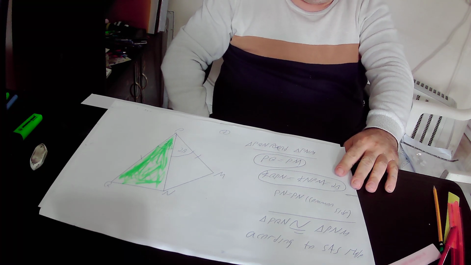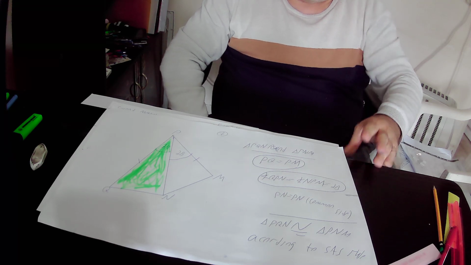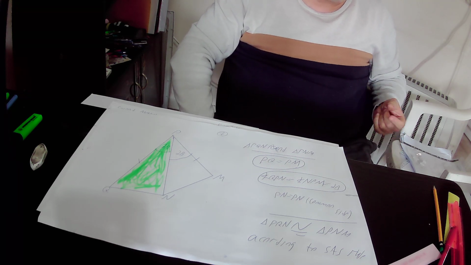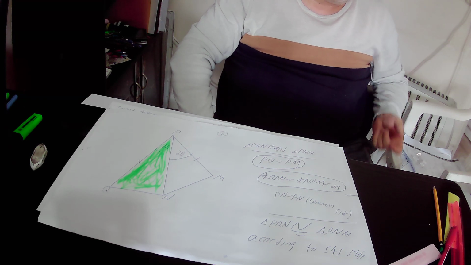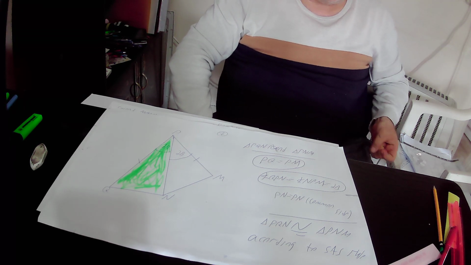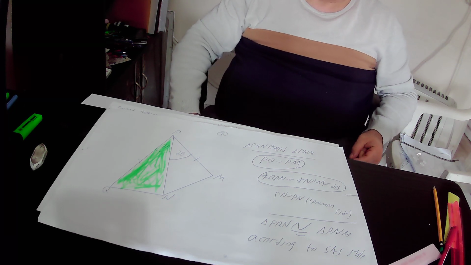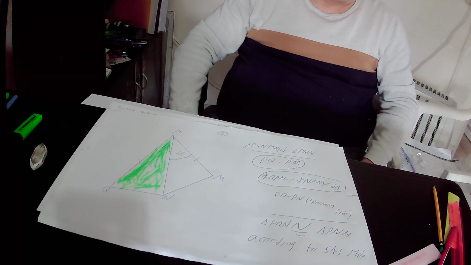So what is the side angle side rule? The side angle side rule is that if you prove two sides and the angle between them in one triangle congruent to two sides and the angle between them in another triangle, then you actually proved that those two triangles are congruent to each other.